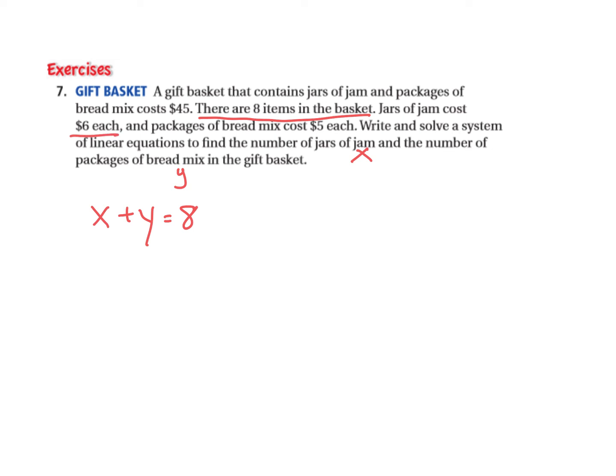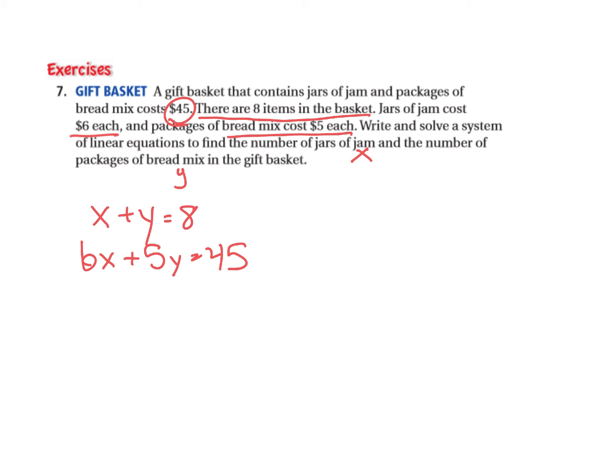Jars of jam cost $6 each. So that's 6X plus the bread mix is $5 each, 5Y. And we already know that it costs $45. Now, you can do this a couple different ways. If you want to change them both into slope-intercept form and graph them, you can.